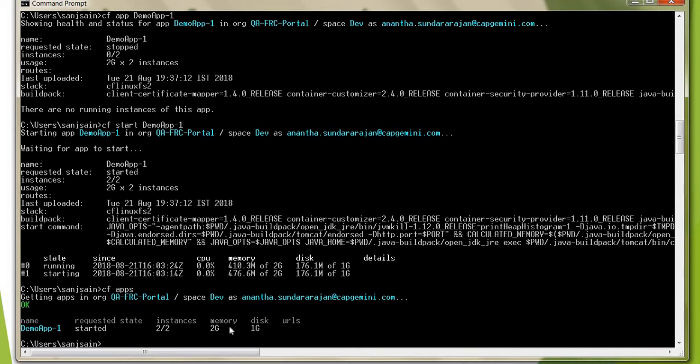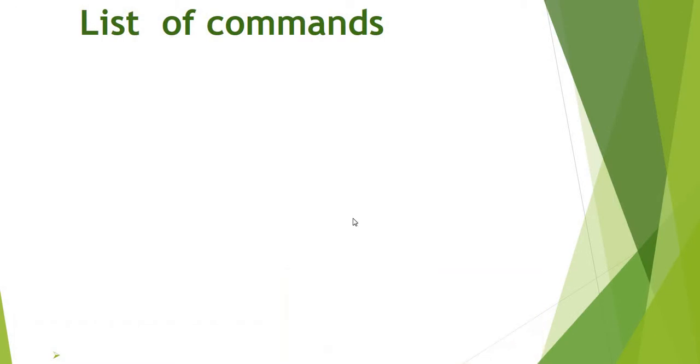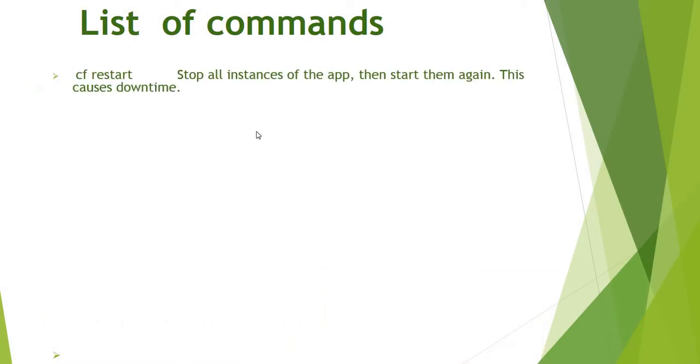Now let's move to the second set of commands. The second set starts with cf restart. We can restart the application. This command is the combination of stop and start.